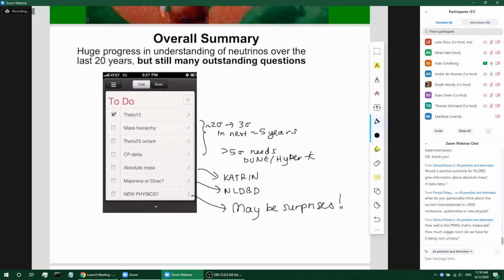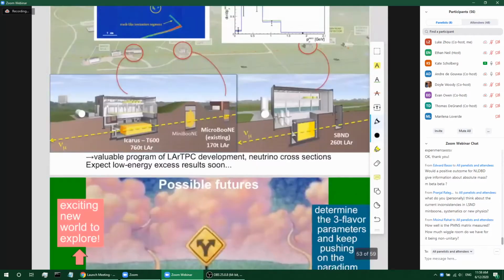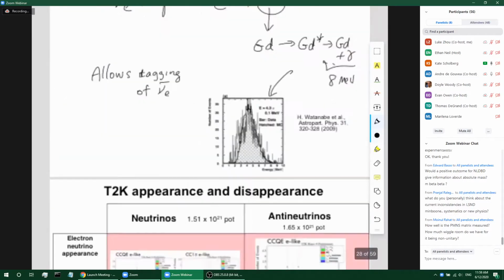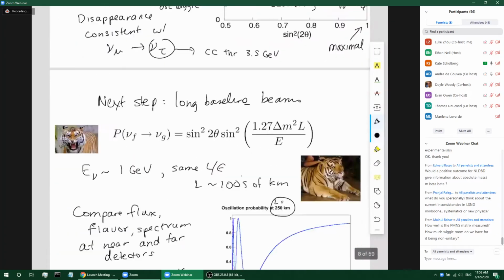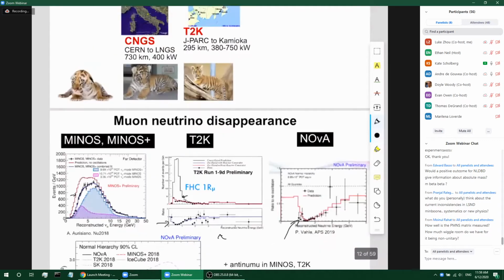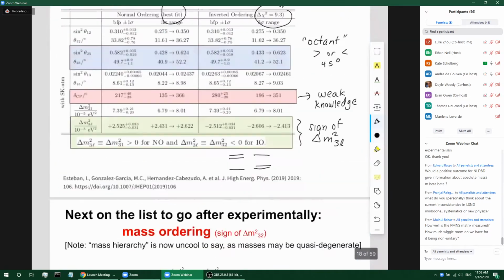How well is the PMNS matrix measured? How much wiggle room do we have for it being non-unitary? You can see how well the parameters are measured. I believe there is a fair amount of wiggle room for it to be non-unitary. That is actually an interesting question.